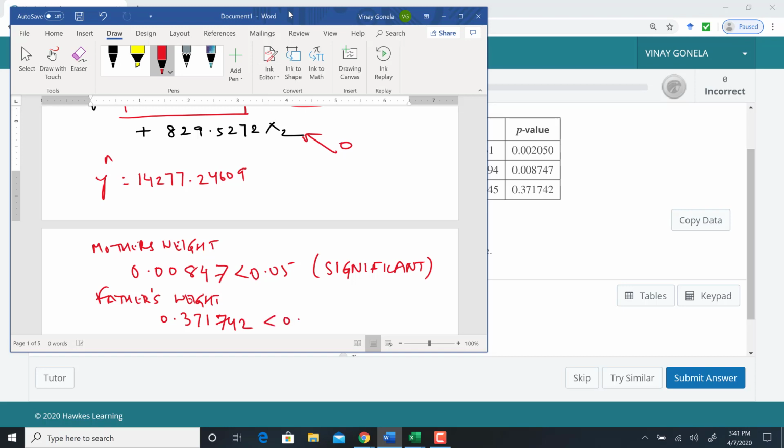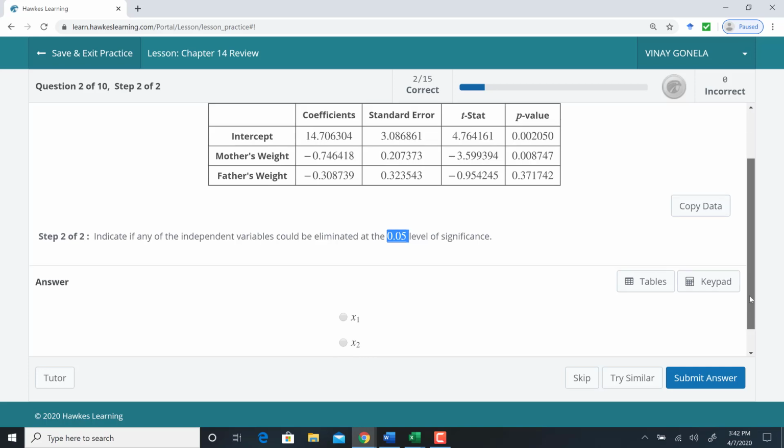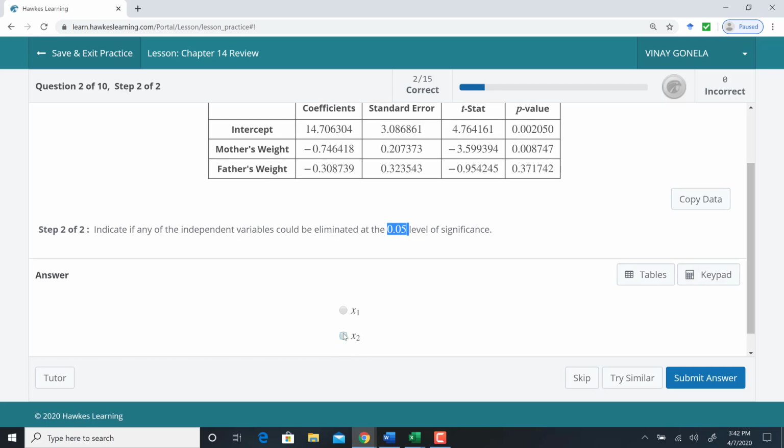Is it less than 0.05? This is a false statement. 0.37 is not less than 0.05, so it is not significant. So father's weight can be eliminated from the equation. So that means father's weight is x2, so we can eliminate the variable x2.